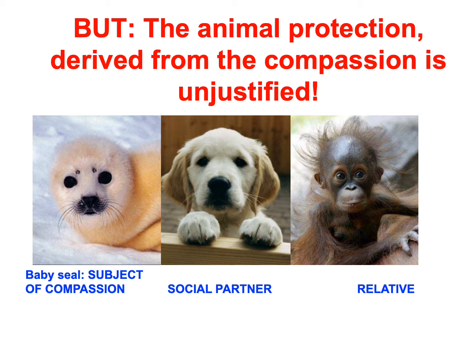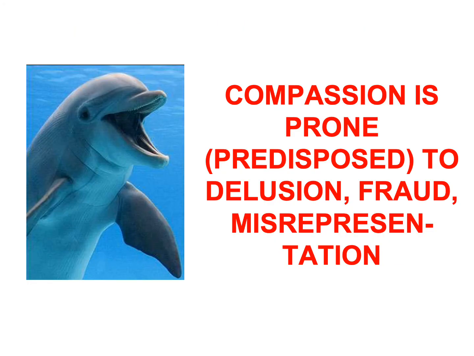We prefer baby seals because they subject our compassion, they are so cute, or our puppies, the social partner, or the apes because they are relatives. Yes, they are. They receive more emotions than the others.